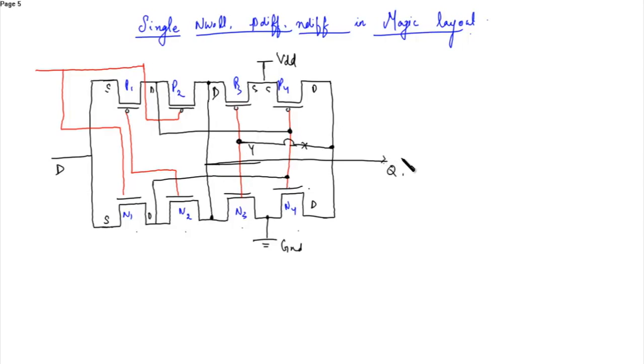Okay, so now let's see. Now we will see the layout of the CMOS latch. That is drawn from the twisted schematic diagram.